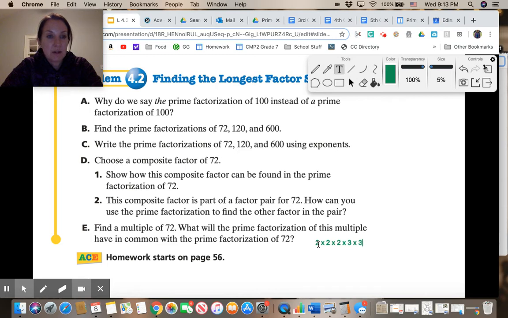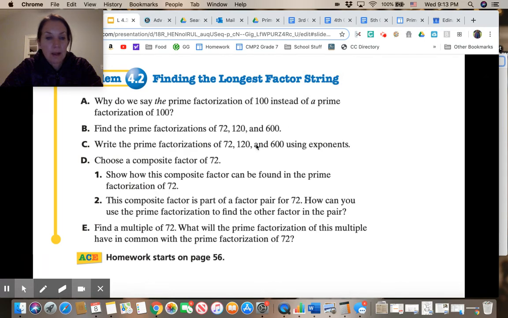Because 72 plus 72. So what would that prime factorization have in common? It would have in common all of this plus another 2, right? Because I doubled 72, so it would have another 2.